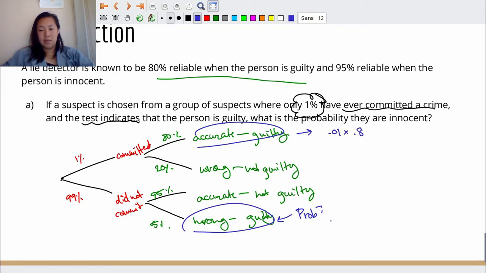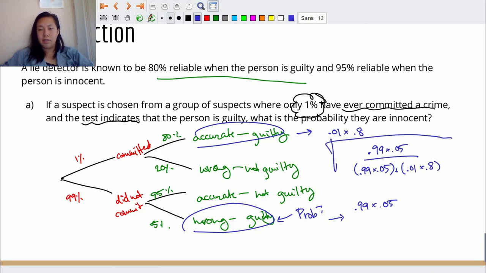And then this one would be 0.99 times 0.05. So the full probability would be 0.99 times 0.05 over 0.99 times 0.05 plus the first one, which would be your full probability. And that's also how you build your trees.